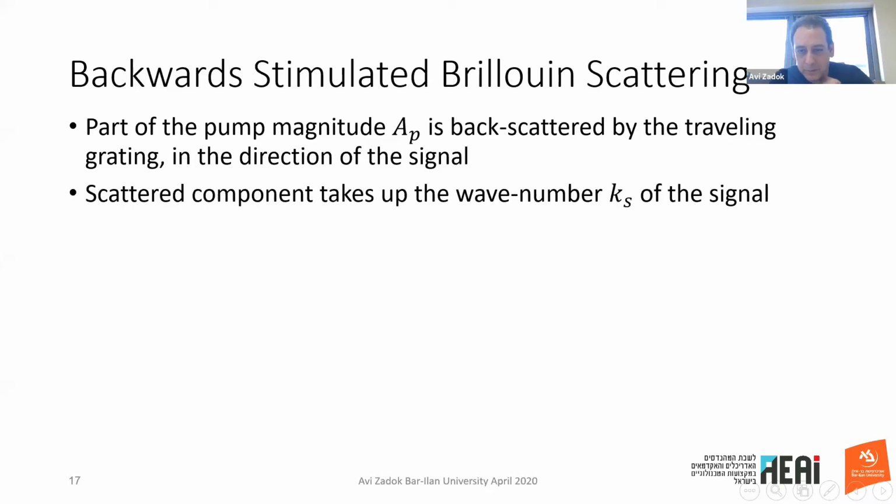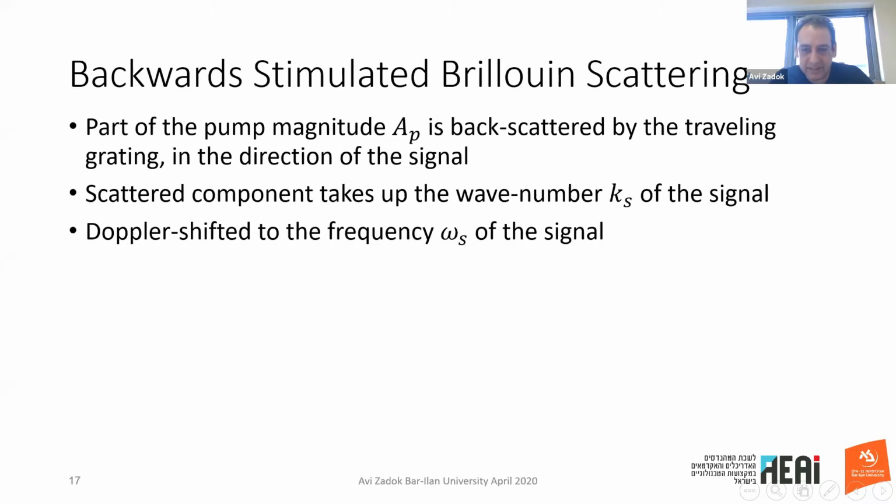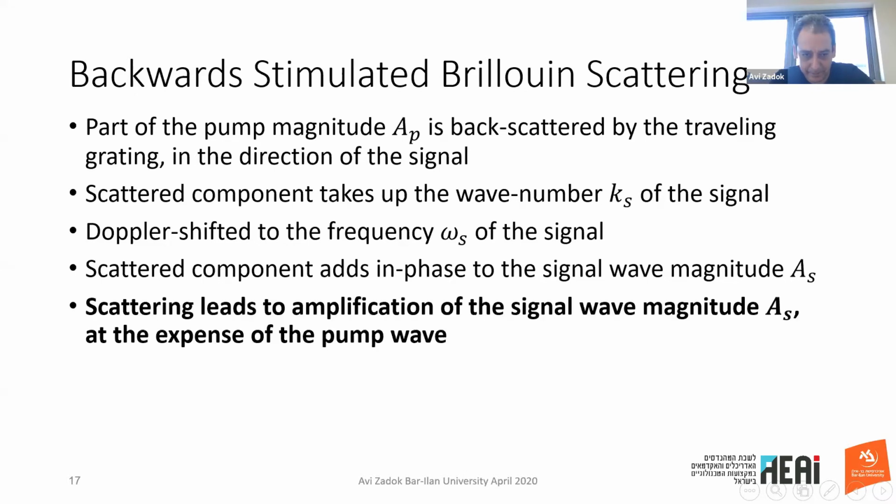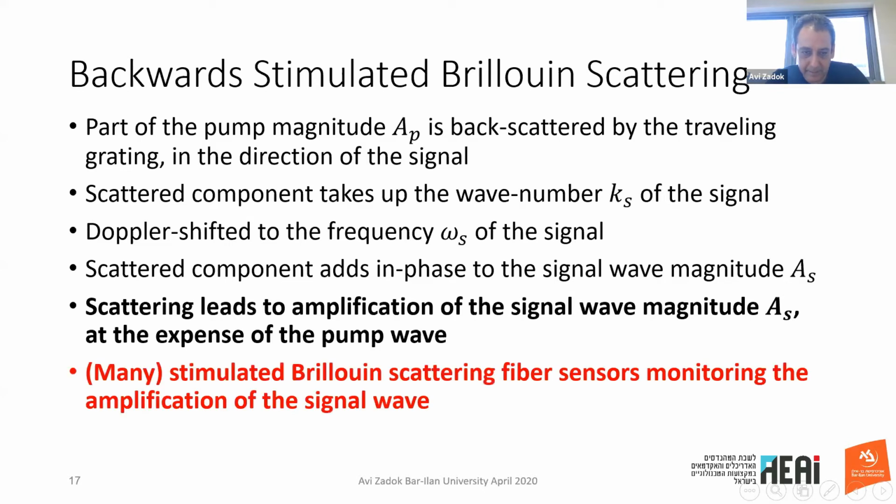And because of the Doppler shift, that scattered component is now assuming the wave number of the signal, and it is assuming the frequency of the signal, which means that we've added part of the optical pump wave to the signal, and made it larger. So all in all, the scattering process is amplifying the signal wave at the expense of the pump. Part of the pump wave is being added to the signal.